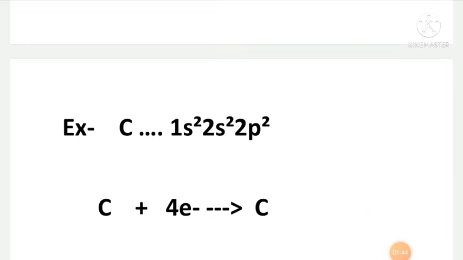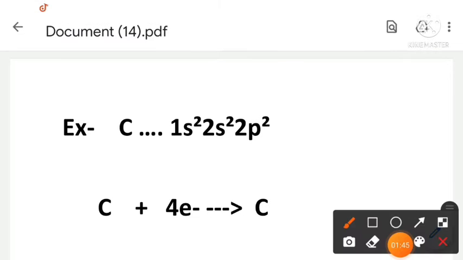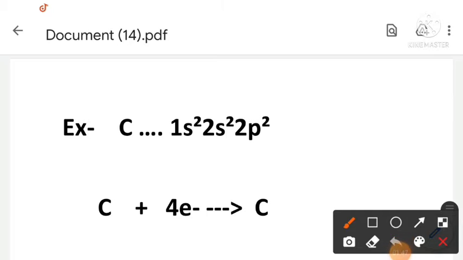Here we take carbon. We know that Z of carbon is 6, so we write the electronic configuration 1s2 2s2 2p2.